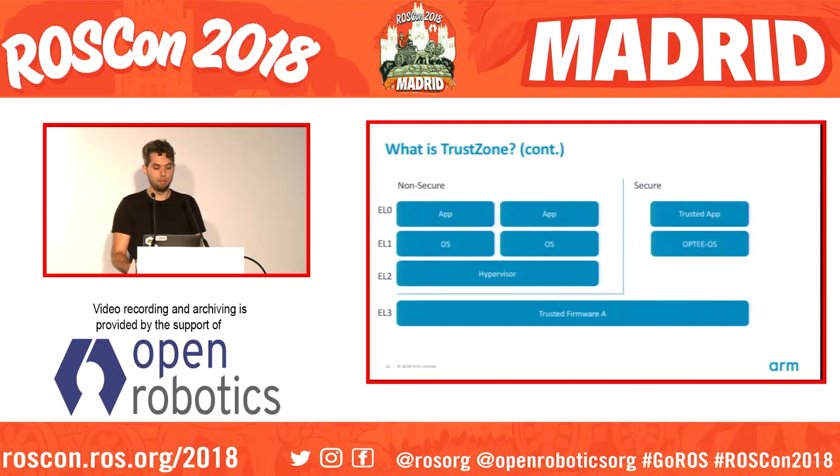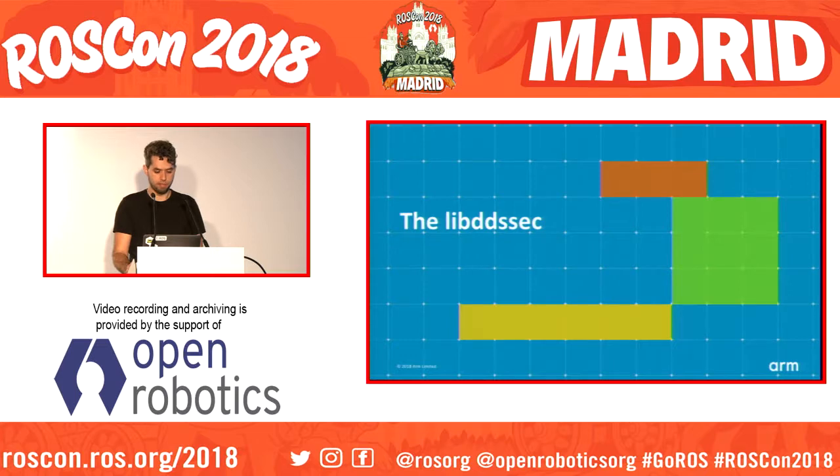So for our environment, if you haven't noticed, it's the names that change. At EL3, we have Trusted Firmware-A, which is the trusted firmware for application CPUs, and we are using OP-TEE, which is one of the implementations of a trusted OS. It's an open source one. I think I'm running a bit late, actually.